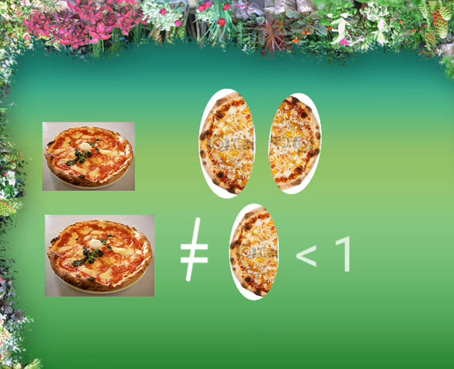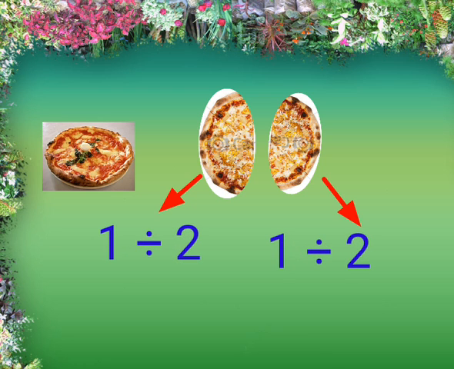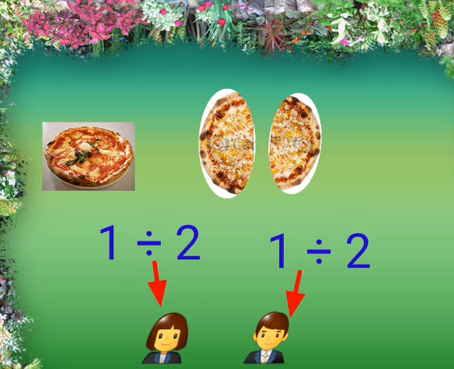Now, how do I write this one part mathematically? Because this one part is not whole, but it is less than 1. Actually, she divided the pizza, isn't it? So, 1 divided by 2. That is, he gets 1 divided by 2 and she gets 1 divided by 2.